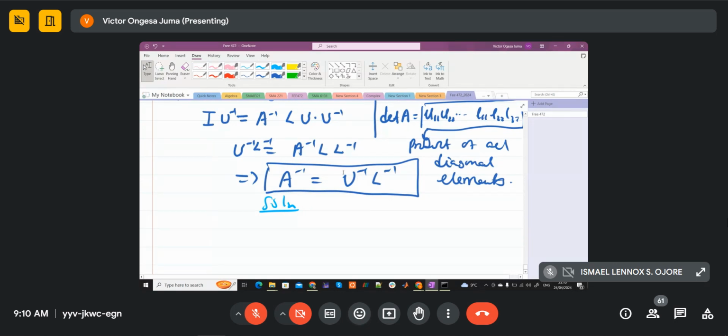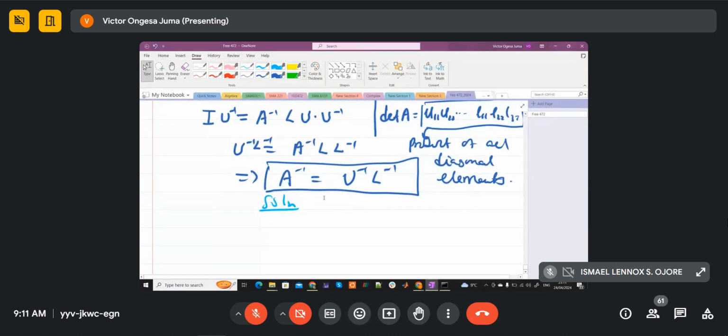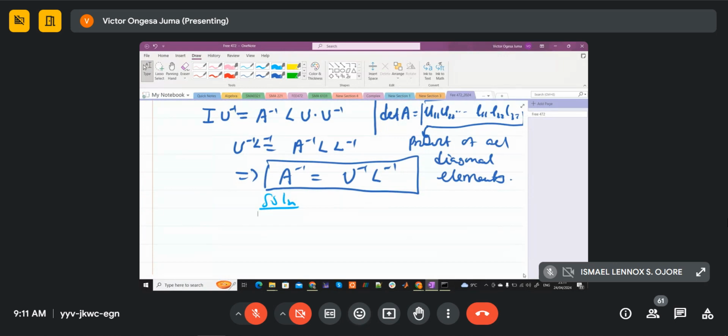Because if you have a triangular matrix, the elements along the main diagonal are the eigenvalues. The difference is that for eigenvalues and eigenvectors you have a vector x, but here both of these are matrices. But all of them are connected.